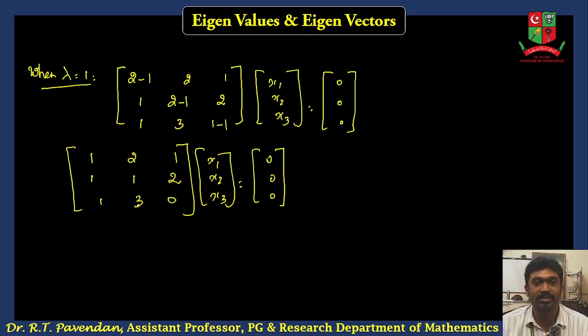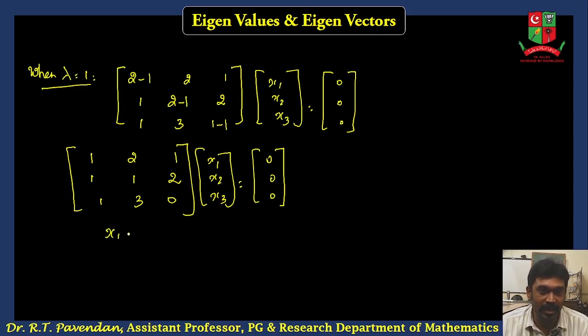That will give you 3 equations: 1 into x1 plus 2 into x2 plus 1 into x3 is equal to 0. Likewise, 1 into x1 plus 1 into x2 plus 2 into x3 is equal to 0. Likewise, 1 into x1 plus 3 into x2 plus 0 into x3 is equal to 0. We get 3 equations from this matrix multiplication.